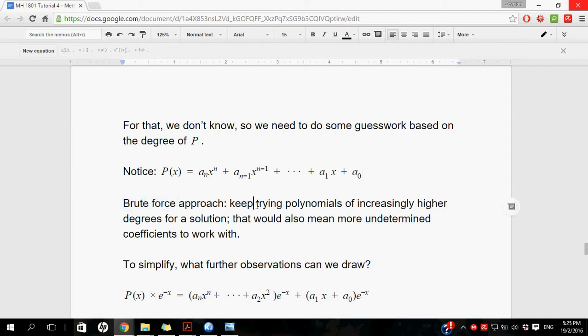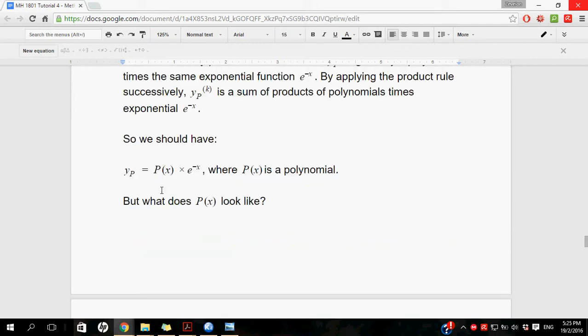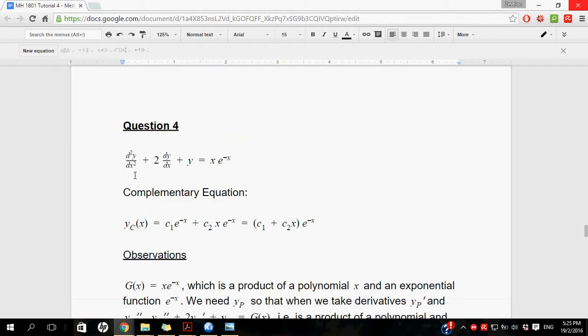We will be trying polynomials of increasingly higher degrees for a solution. So we will let yp be such that p of x will be a polynomial, and we will try polynomials here with increasingly higher order, so that when we try to substitute this yp into our left hand side, hopefully we produce g of x.